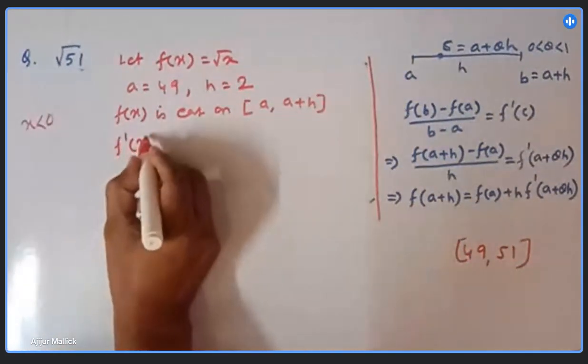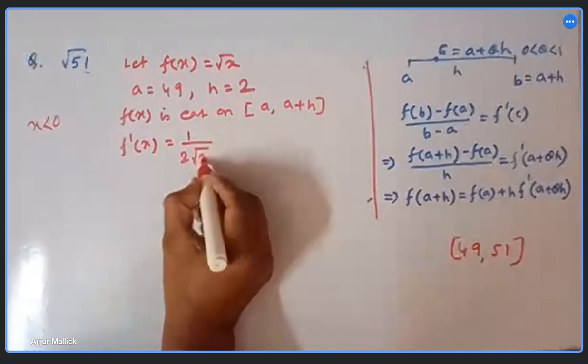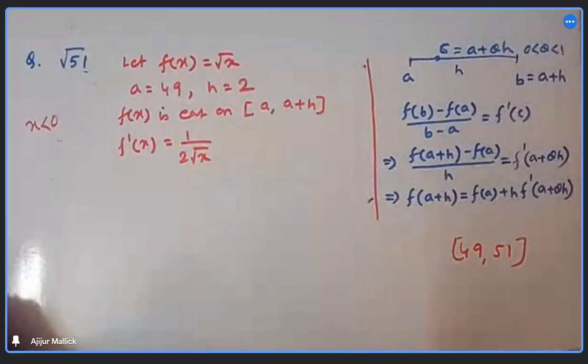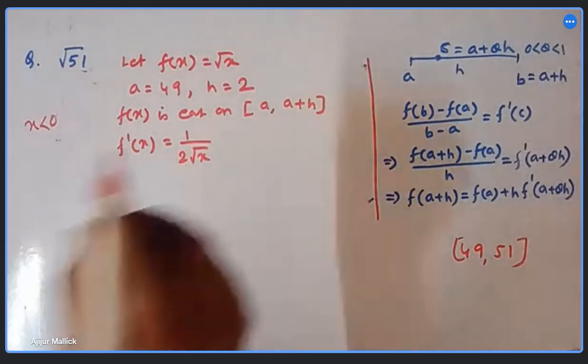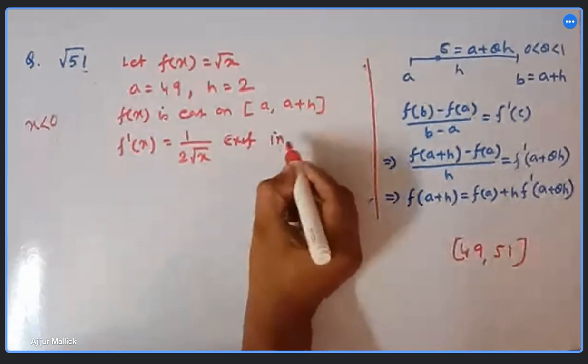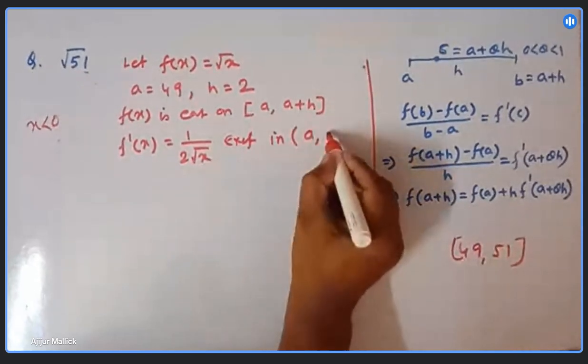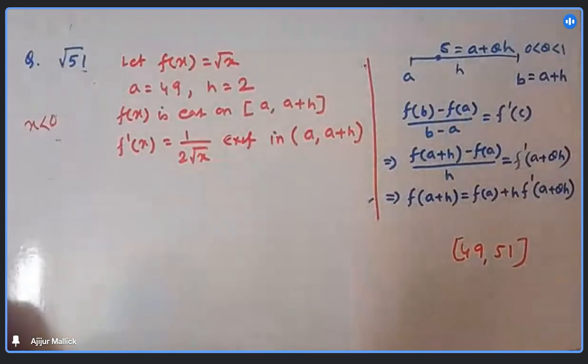Then f dash x is equal to 1 by 2 root x, which exists in the open interval (a, a plus h).